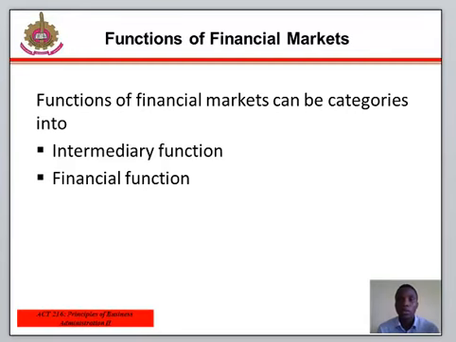Productive usage: financial markets allow for the productive use of the funds borrowed, enhancing the income and growth of national production. Another intermediary function of a financial market is capital formation. Financial markets provide a channel through which new savings flow to aid capital formation of a country.